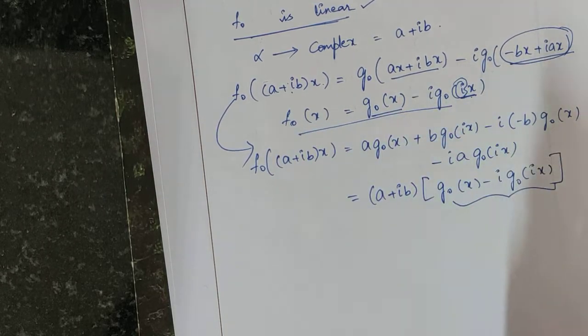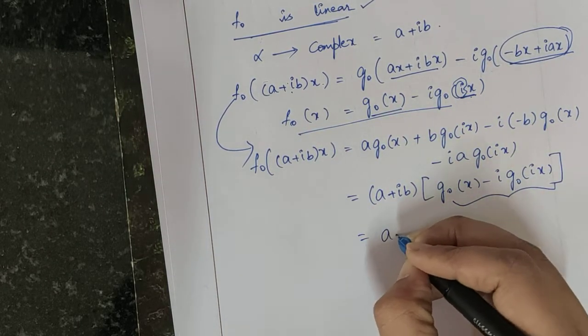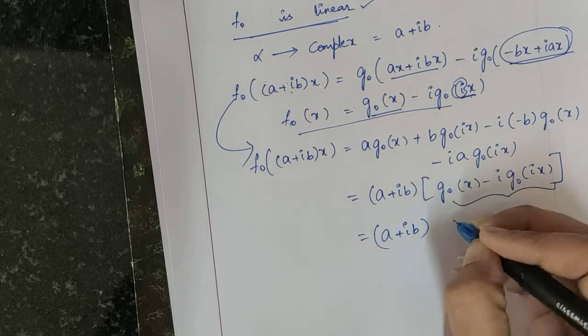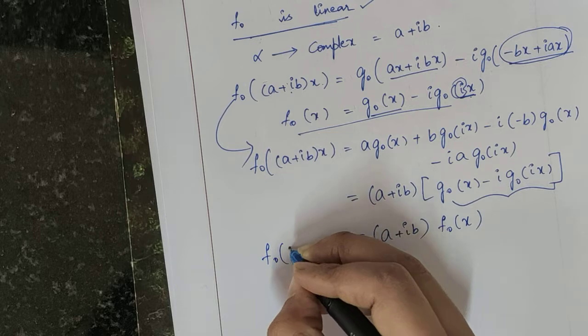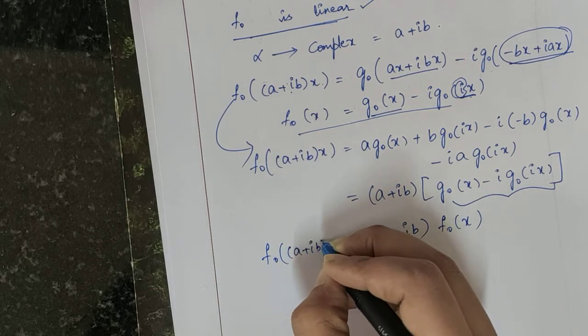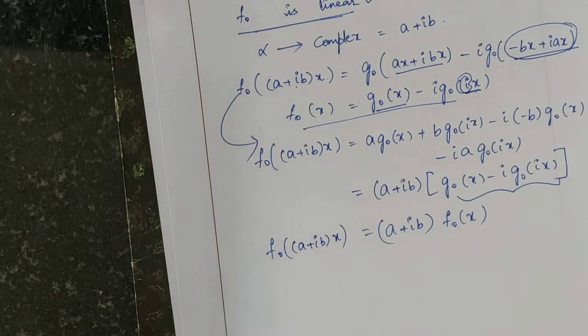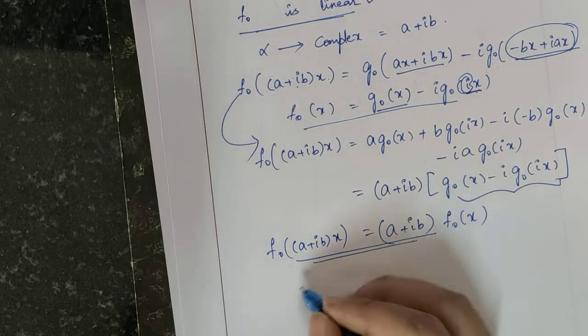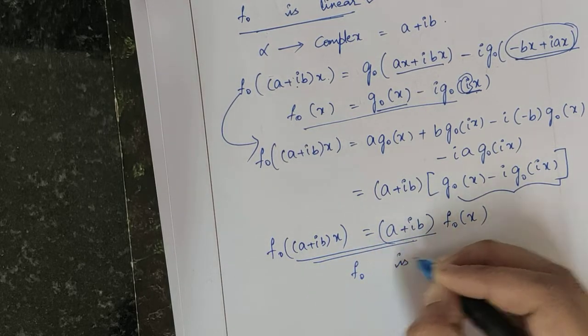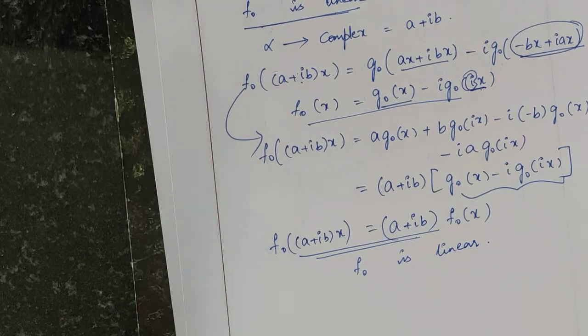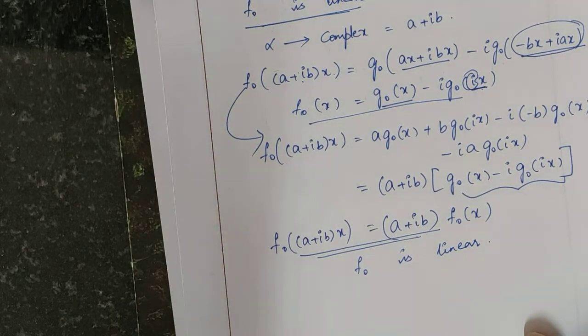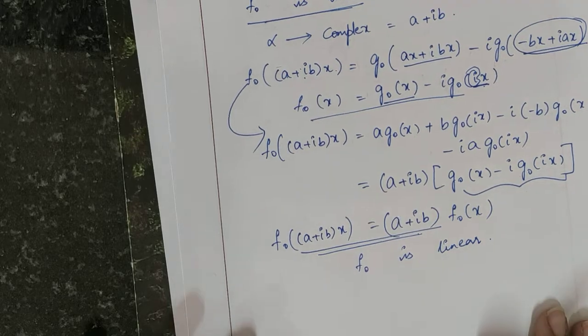You can observe here. So your RHS part will become (a plus ib) into f0 of x. In the LHS we have f0 of (a plus ib) x. So from this we can say that f0 is linear, right?